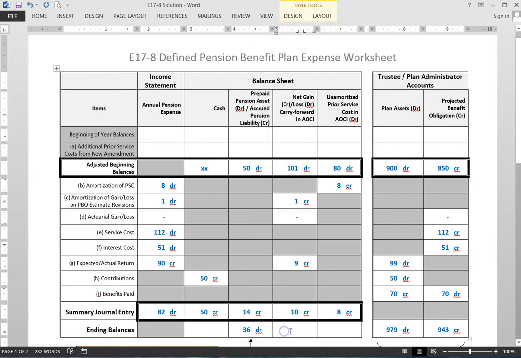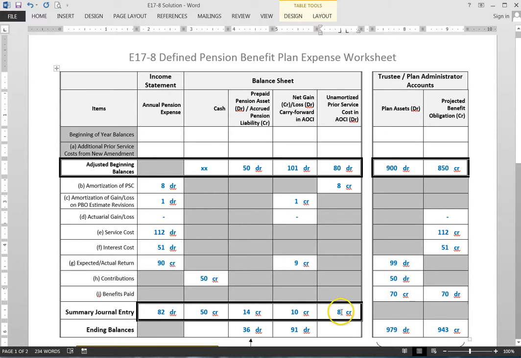Now I can get the balances in some of my AOCI accounts as well. So I start out with a $101,000 debit balance in the loss carry forward, and credited that account for a net of $10,000. That leaves me with a $91,000 debit balance. And prior service costs started out with an $80,000 debit balance.